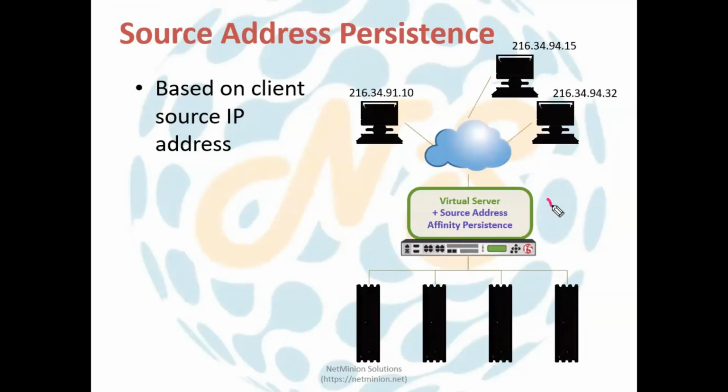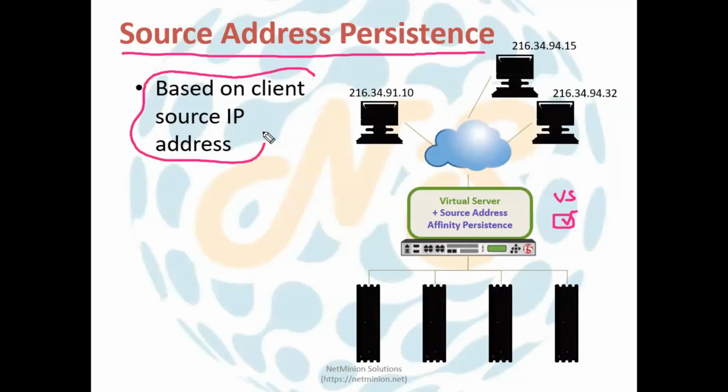But on your virtual server, there is only one setting. You just need to tick it. Not a very big deal. You will understand in a moment. For now, just see that on your virtual server you are applying the persistence, and the persistence type is source address persistence. This says that depending upon the client source, I will apply the persistence.